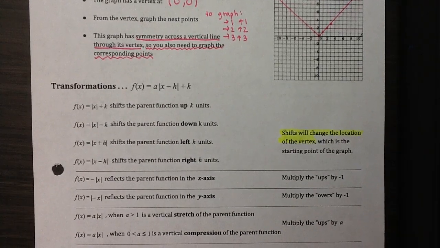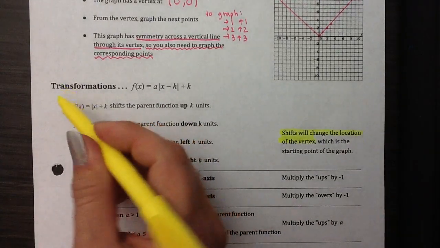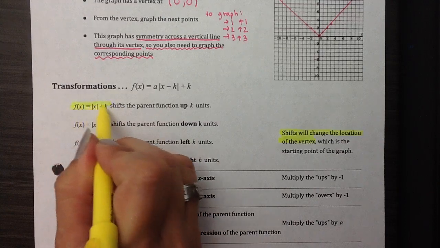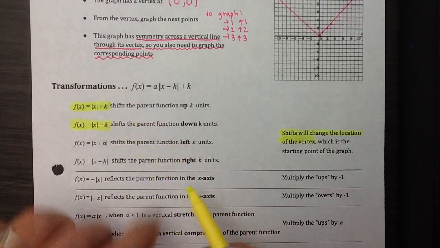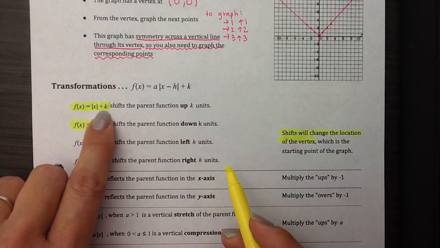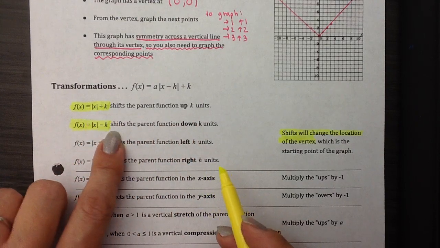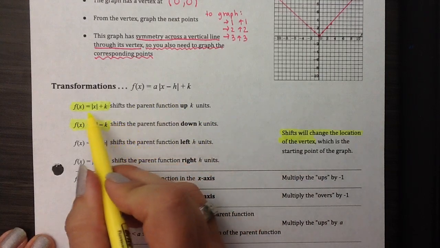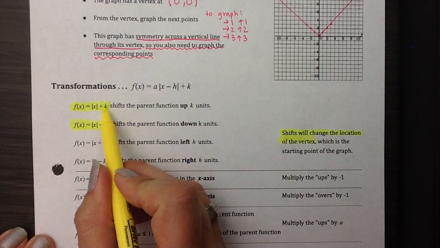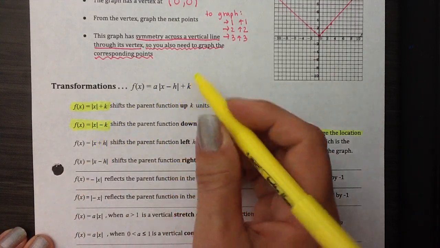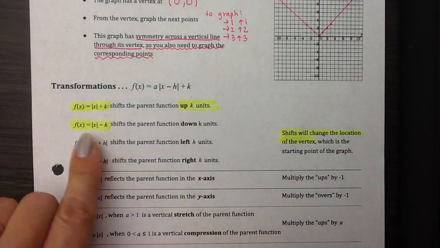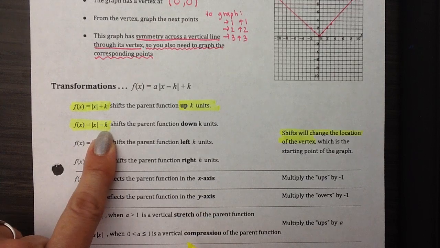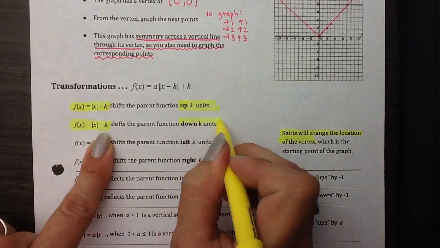So to figure out which direction to go, we would look at the equation, and what you'll see is that to shift up and down, we would have a number either added or subtracted after the absolute value. So if I have a number added after the absolute value, it's going to shift the graph up by that many units. If I have a number subtracted after the absolute value, it's going to shift the function down that many units.